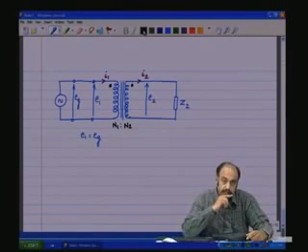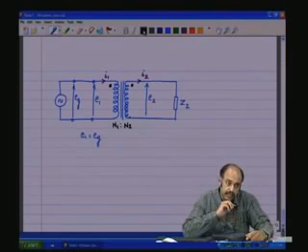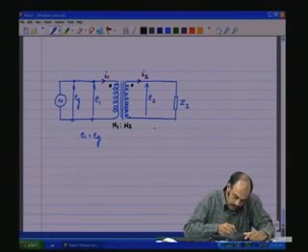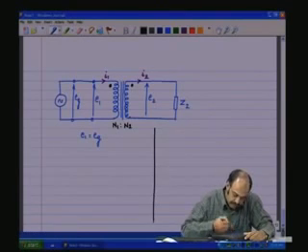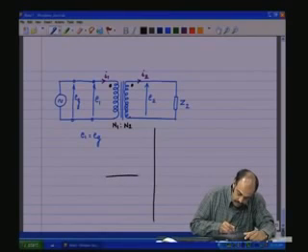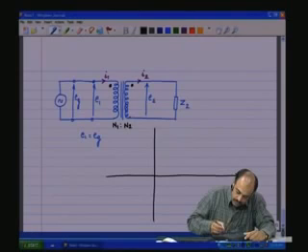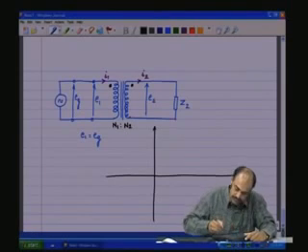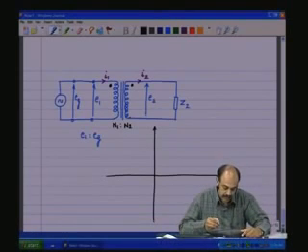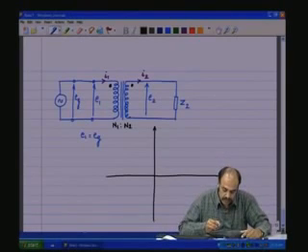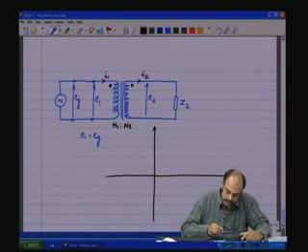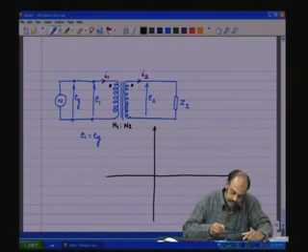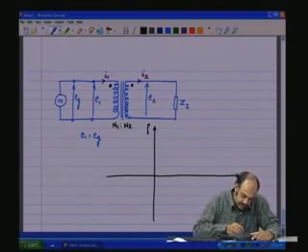Now, let us draw the phasor diagram for this transformer circuit. This is the spatial coordinate system, as we have seen quite a few times in the earlier sessions while discussing the phasor diagrams with sinusoids. This is the alpha axis and this is the beta axis.